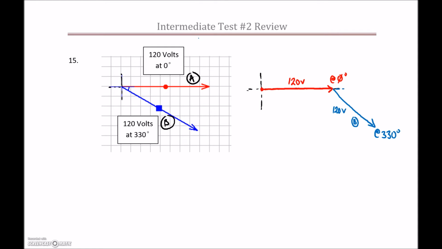So if I drop a line down here, then I can create a right angle triangle out of that vector. And now we can add the first and the second one, and then we'll end up with our resultant. So our resultant we've been drawing in green, and that guy is going to go from here to here, and that'll be our resultant voltage.